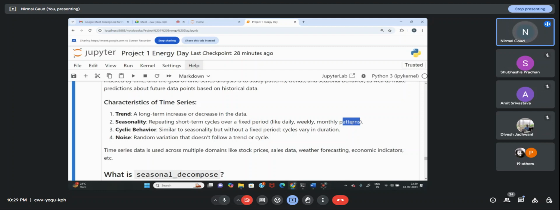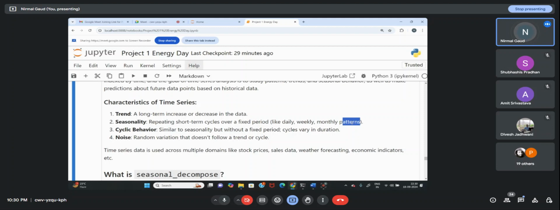Cyclic behavior is similar to seasonality but without a fixed period. It's not like after every four months you will have the same pattern; it may be 6, it may be 7, it may repeat anytime.